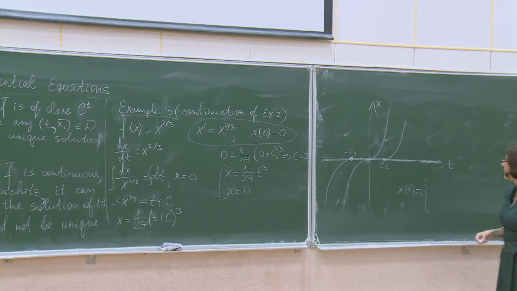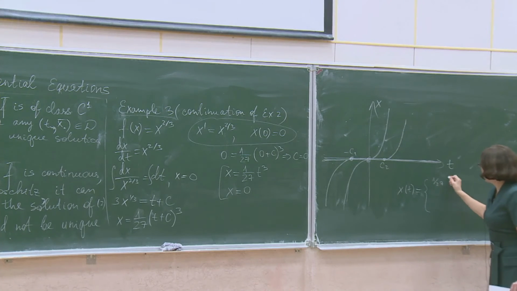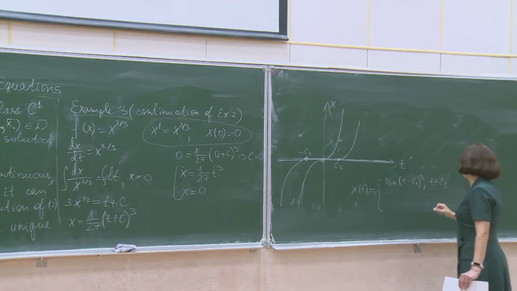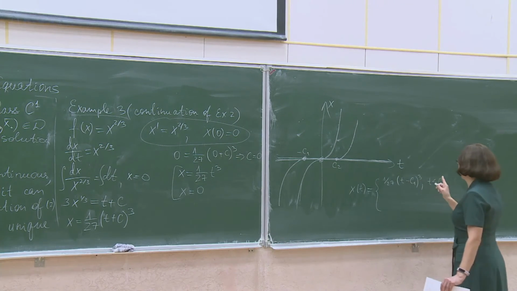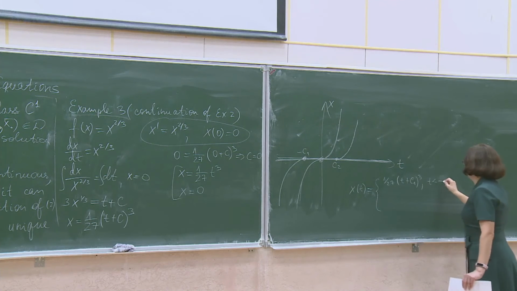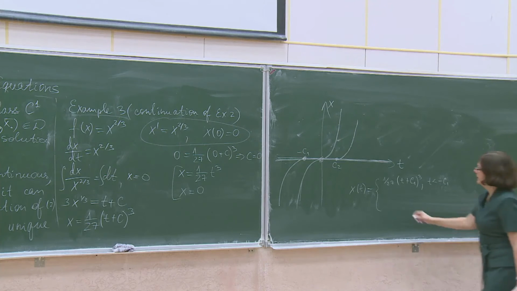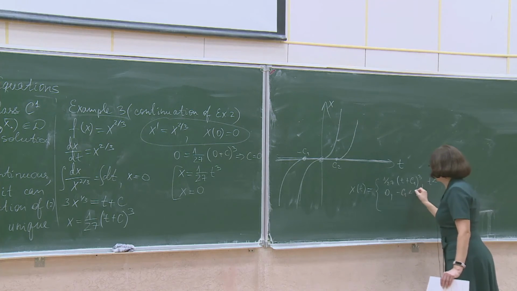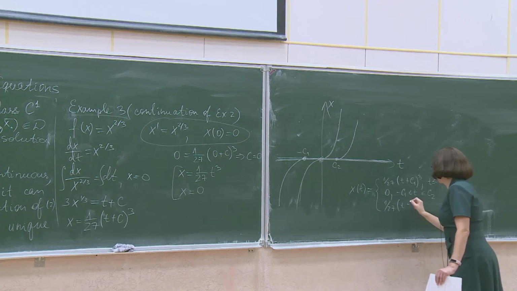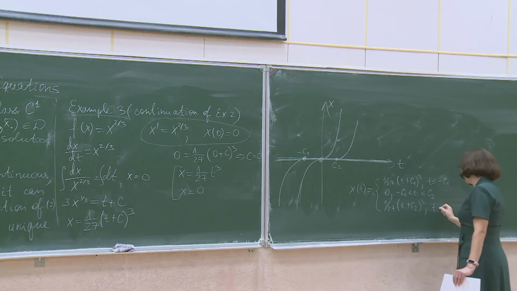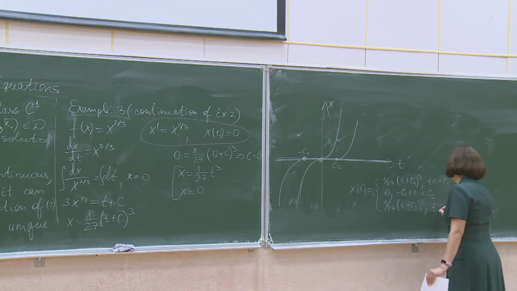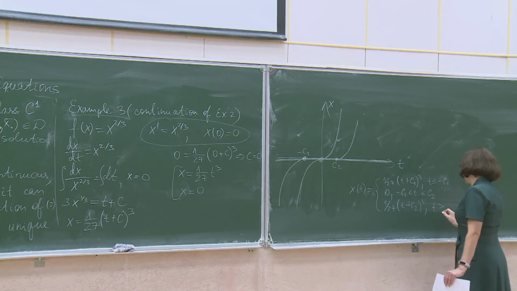Define x of t as 1 over 27 times (t plus c1) cubed if t is less than minus c1, then 0 if t is from minus c1 to c2, and 1 over 27 times (t minus c2) cubed if t is greater than or equal to c2.